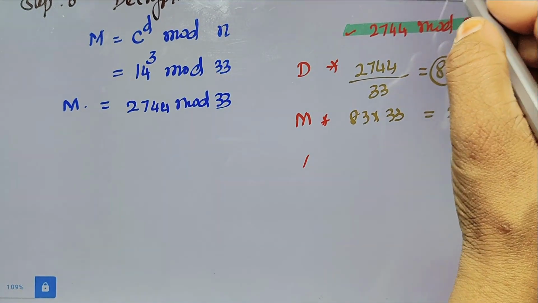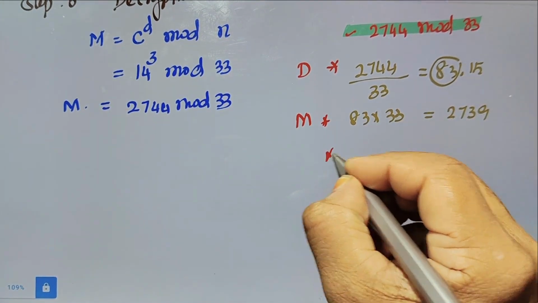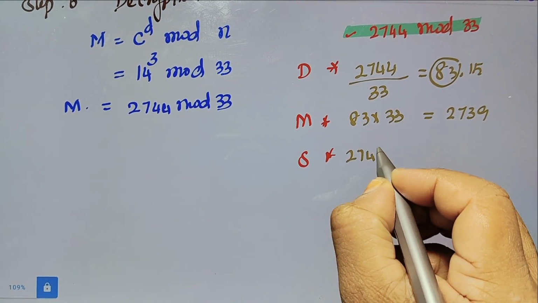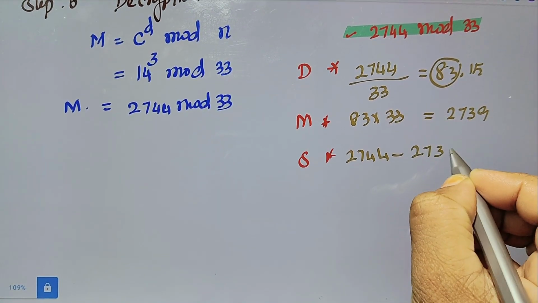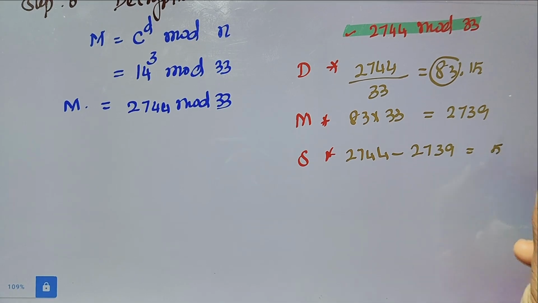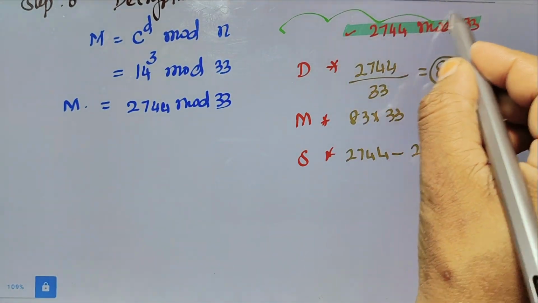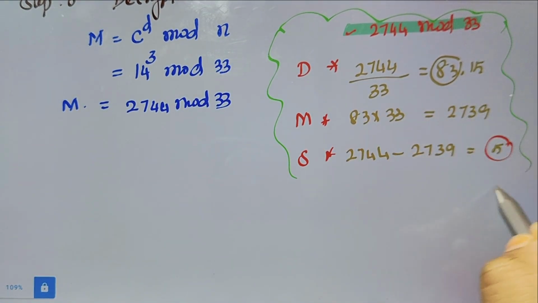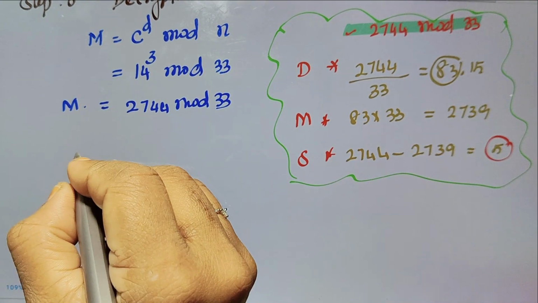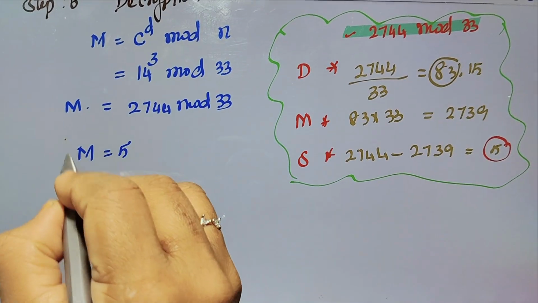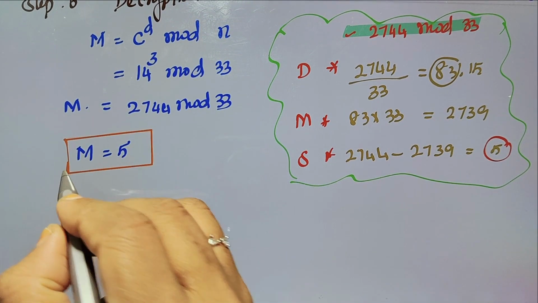Next step subtraction. 2744 minus 2739. The value is 5. This is the final answer. Then m equal to 5. It is m, nothing but plain text. The answer is 5.